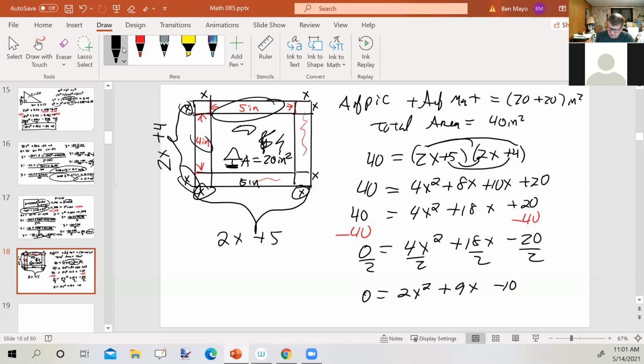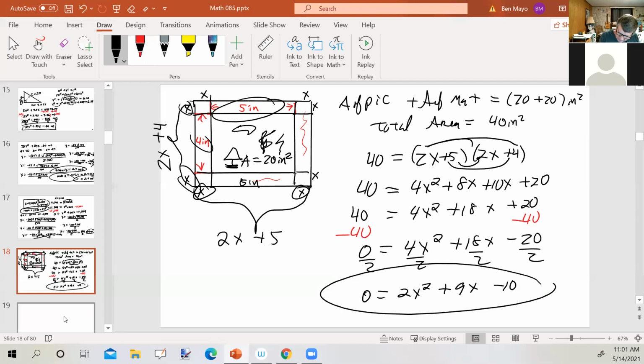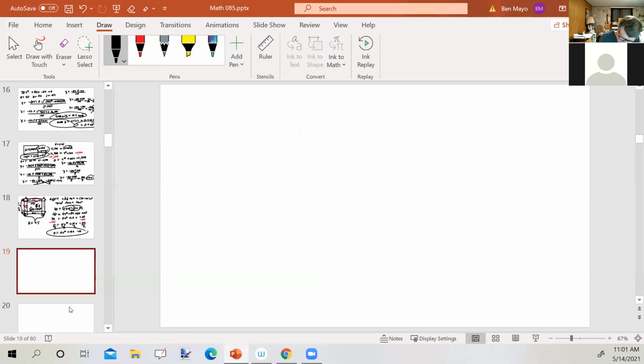Okay, so now I'm going to take that second degree or quadratic equation, 0 equals 2x squared plus 9x minus 10, and plug that into the quadratic formula and solve for x. A is 2, B is 9, and C is negative 10.